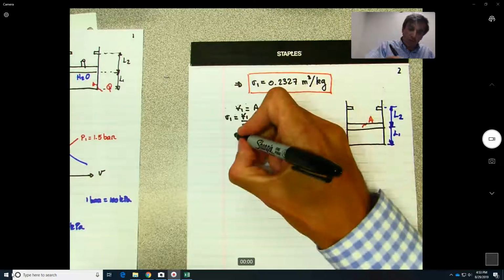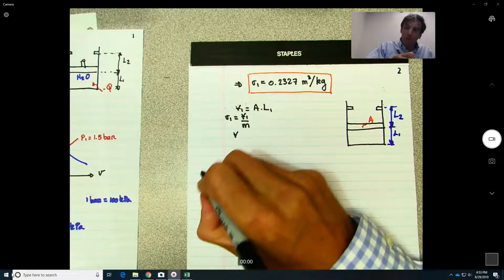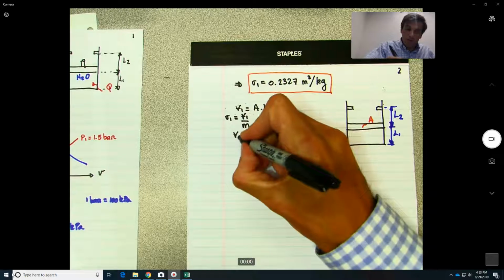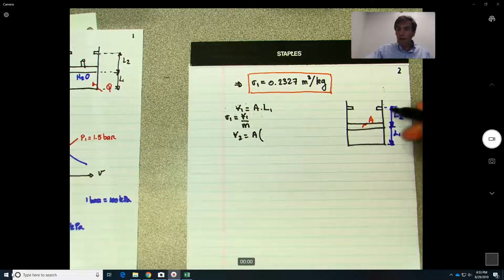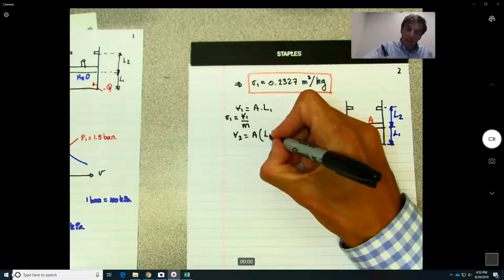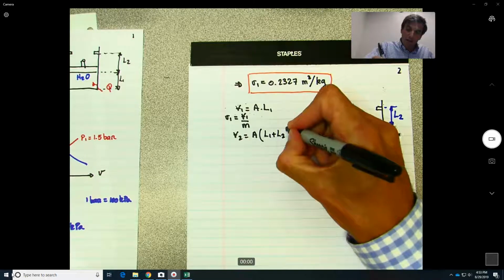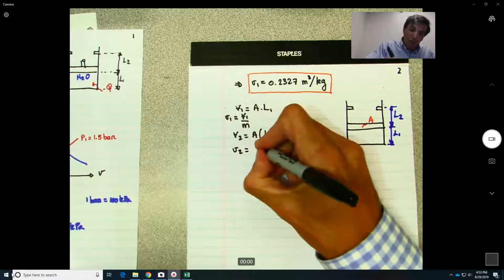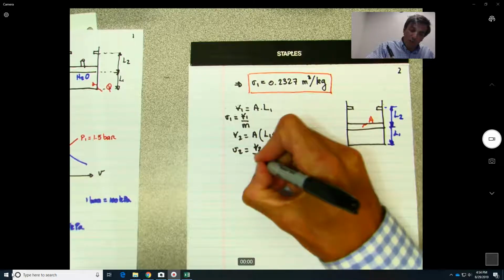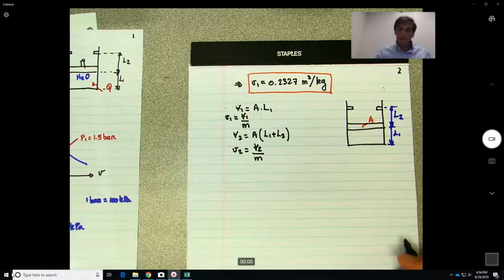Now we do something similar for V2, so at the stops. That would be equal to A times the total height, which is L1 plus L2. And we know that the specific volume V2 is just volume divided by mass.